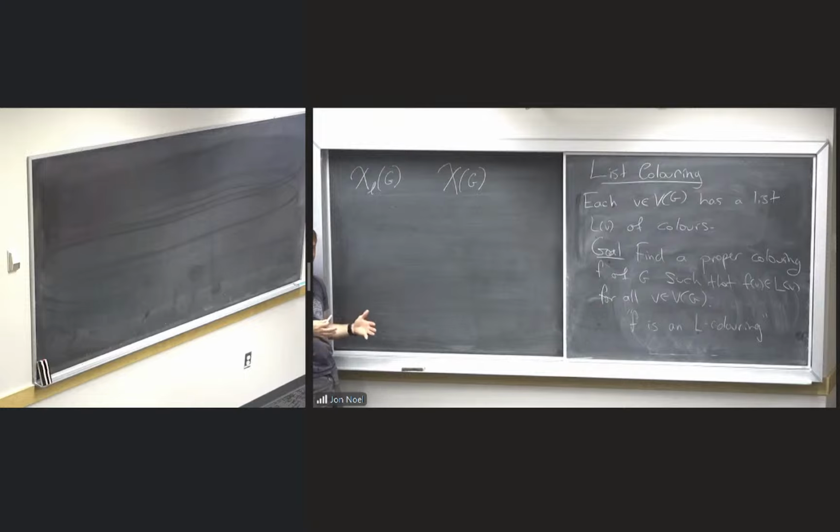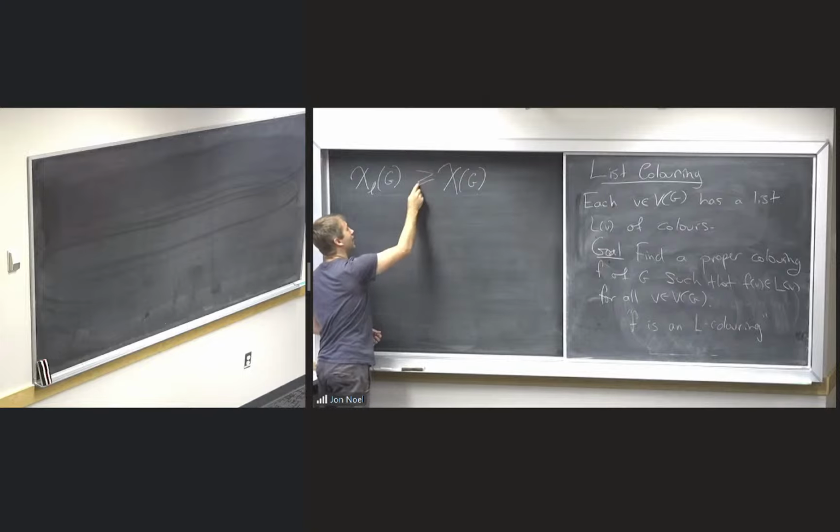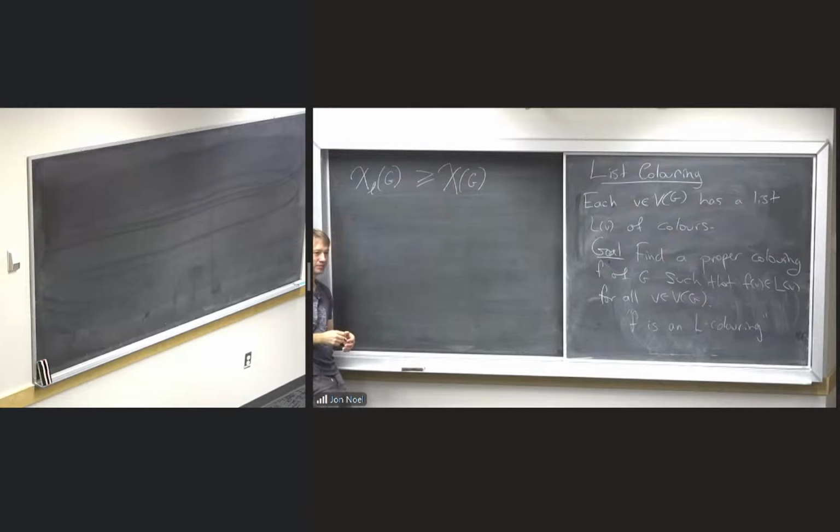One should be at least the other. Yeah, we did an example last class where it's strictly larger, so the inequality can't go the other way, that's for sure. But how would I prove that this is always at least that one?